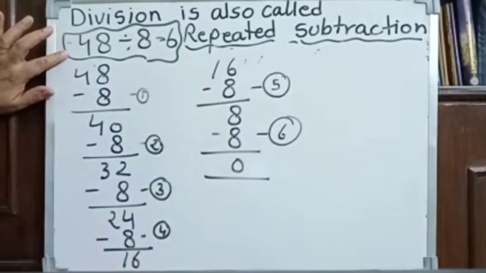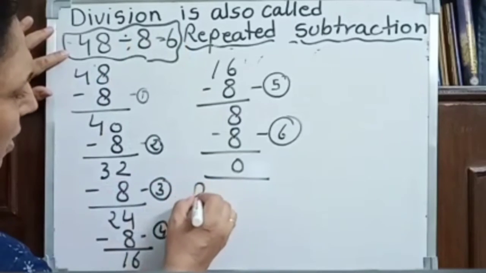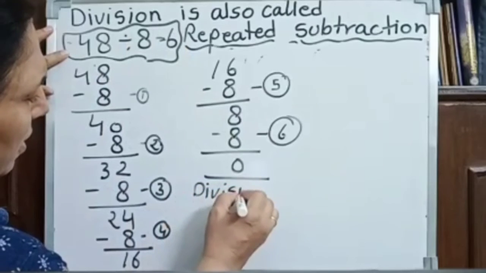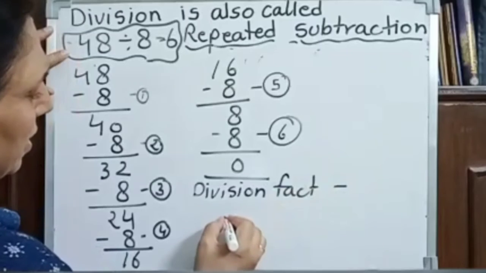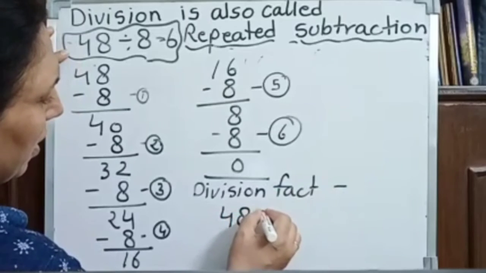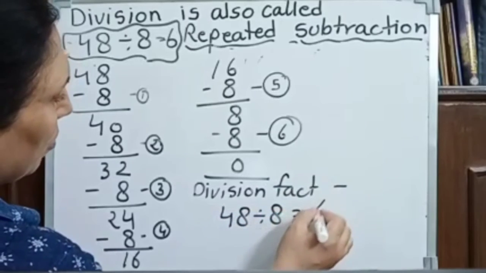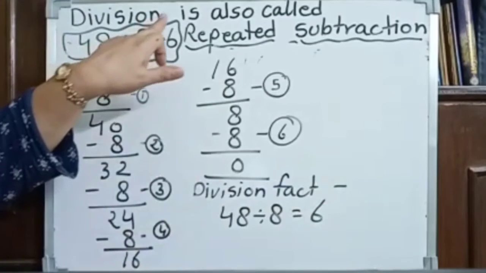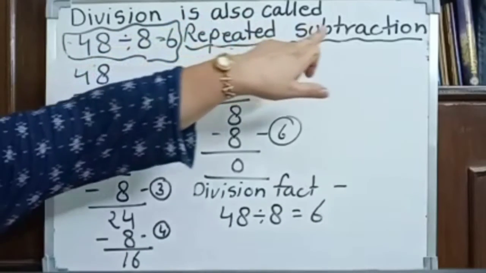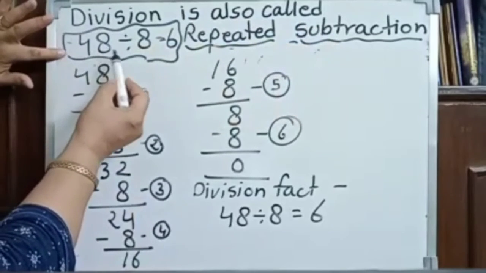So what is the division fact? Division fact means 48 divided by 8, quotient is 6. This is the division fact. Again, division is also called repeated subtraction. So what you have to do?